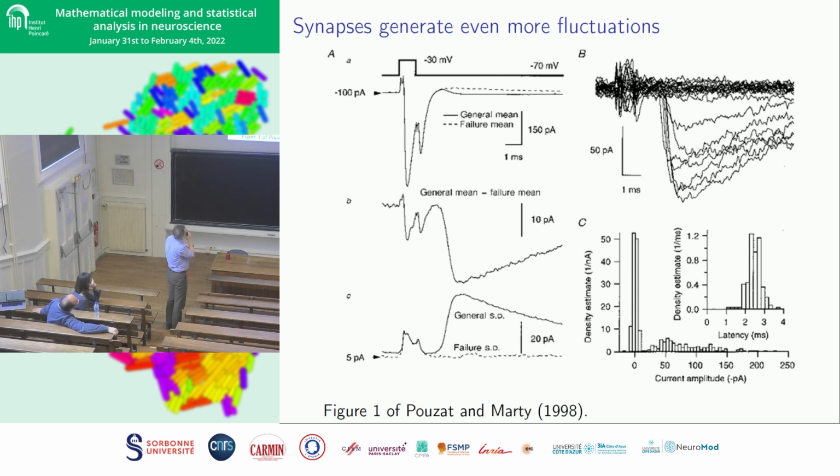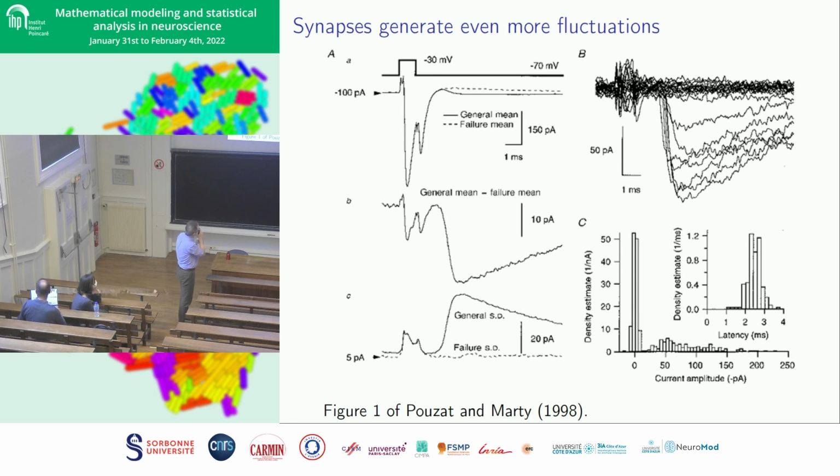Sometimes nothing happens. Sometimes you have a small response. Sometimes you have a large one. And always on top of these large fluctuations, you have tiny ones. So the tiny fluctuations come from the fact that ligand-gated channels at the synapse behave in the same way as a voltage-gated channel for the action potential. They fluctuate between an open and a closed state.